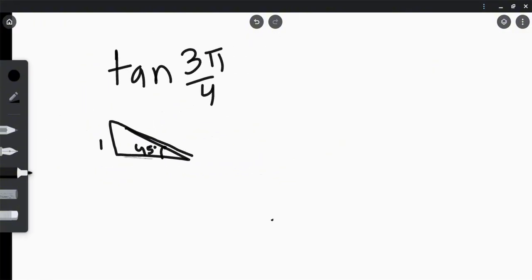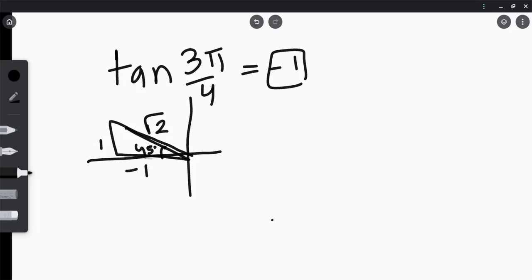Just draw a 1 and a negative 1 and a square root of 2 over here. So tangent is just y over x. So tangent of 3 pi over 4 equals negative 1, because 1 over negative 1 is just negative 1. Okay?